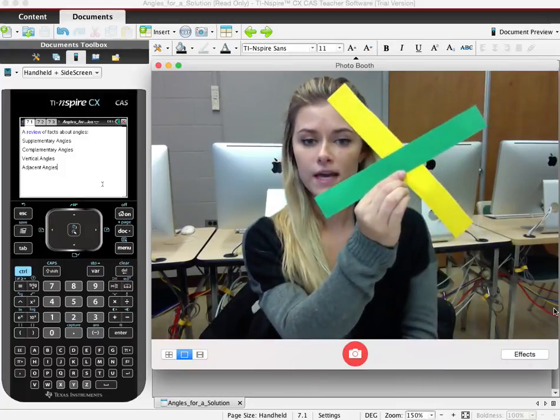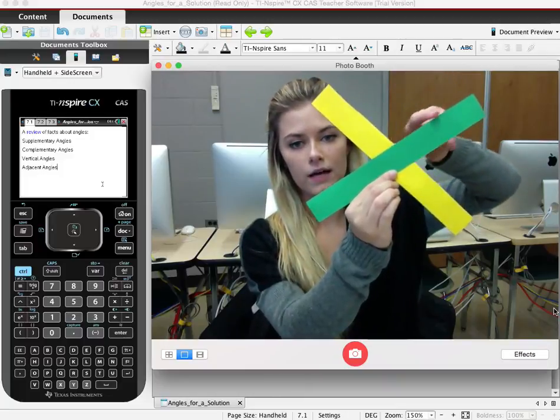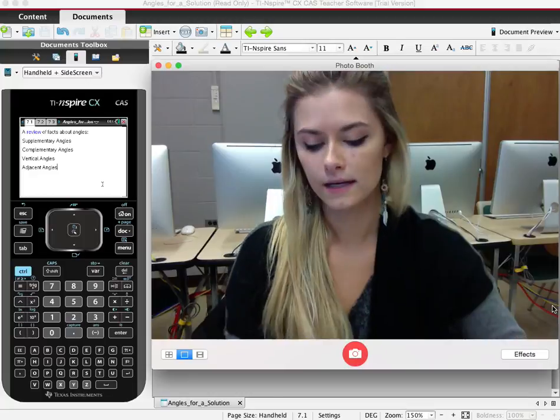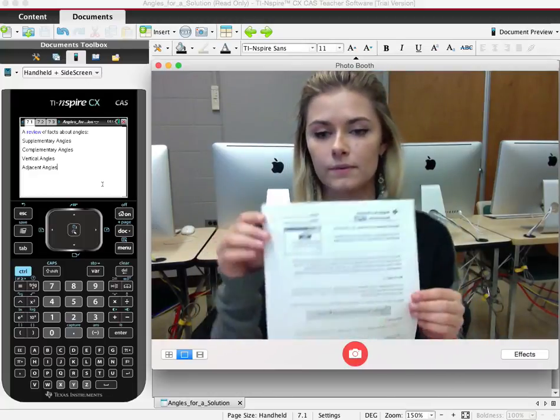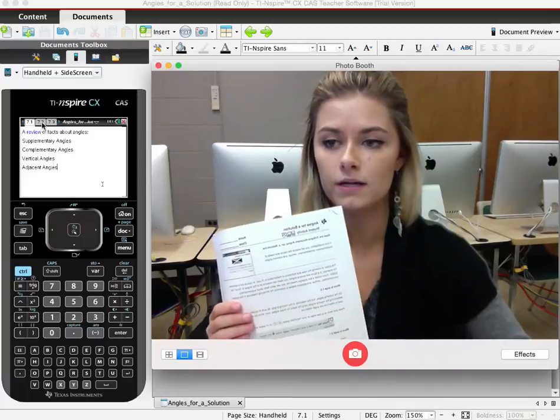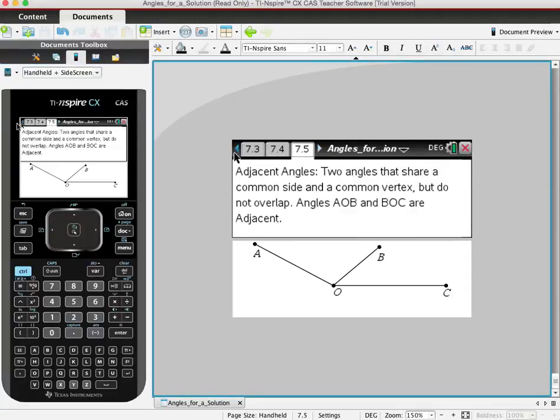So adjacent angles will share this vertex in the middle here, and they'll also share a line, so one of these green or yellow sides. And while you're going through these problems, if ever you forget a definition, just go through problem number 7 and it gives you a quick review of each of these concepts.